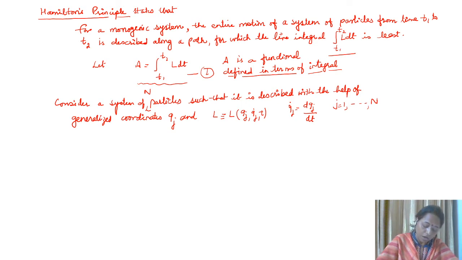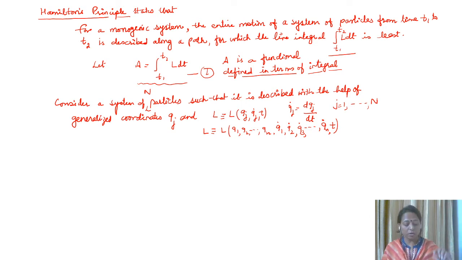So your L is a function of q1, q2, up to qn, where n is equal to capital N, then q1 dot, q2 dot, q3 dot and qn dot, and then time.